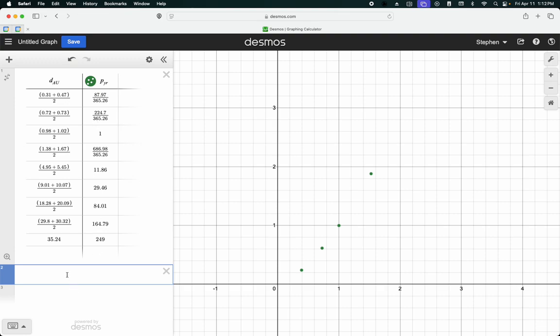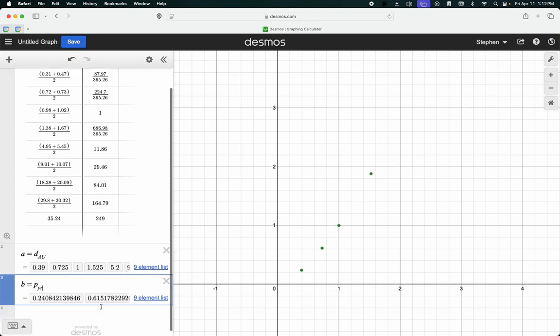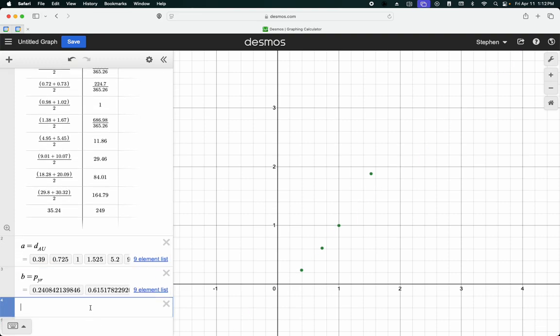First thing I'm going to do is set up a variable a, and that's going to be my distance in AU, so D underscore capital AU. I know that's working because I've got a 9-element list here. I can click on it if I want to see all the elements. Then I'm going to call B my period underscore YR. And this allows me to make an ordered pair point.